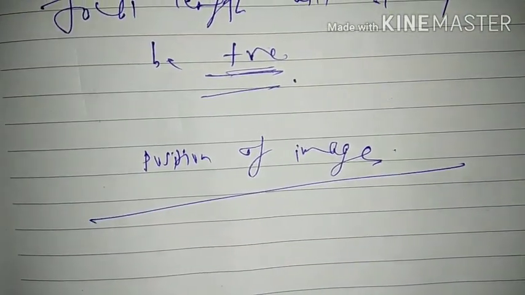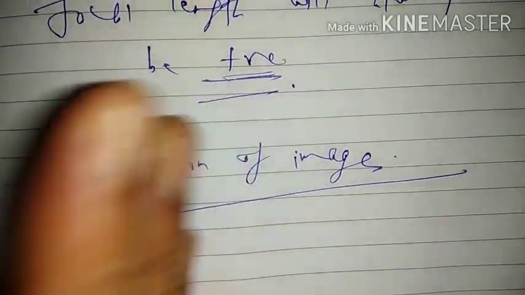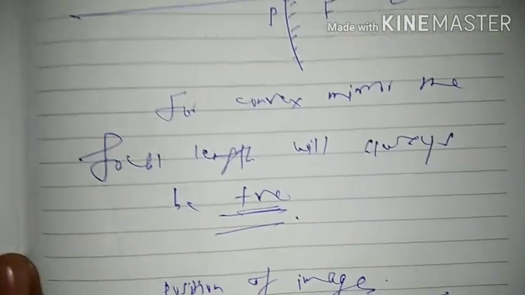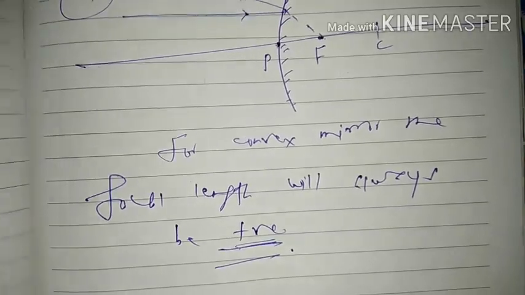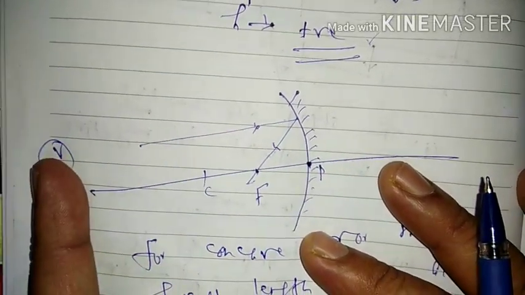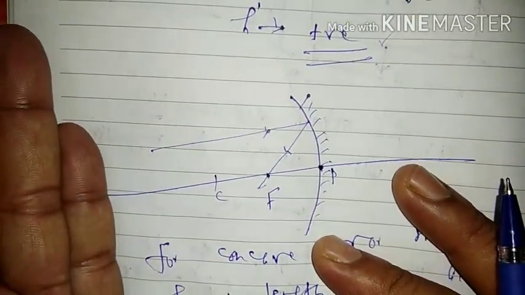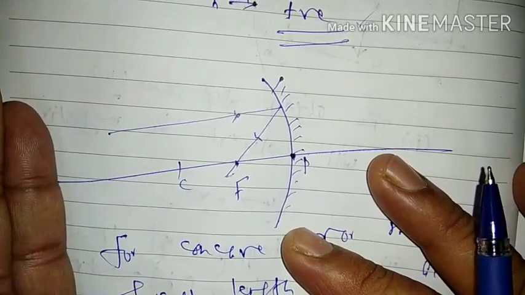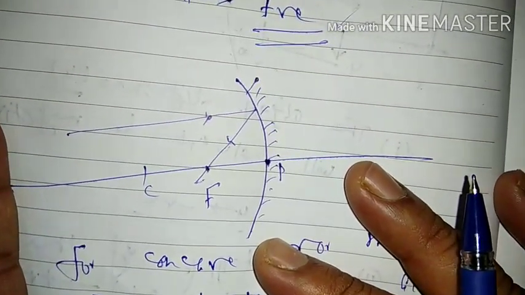Position of images becomes both positive and negative. In 5 cases of concave mirror, we see that images are formed to the left of the pole, that is in front of the mirror. So in 5 cases, image distance will be negative.